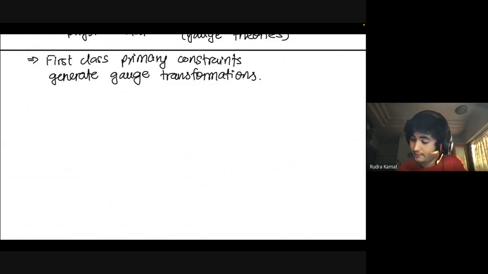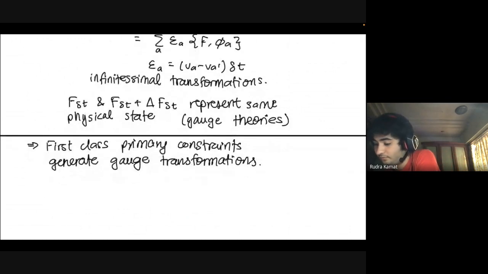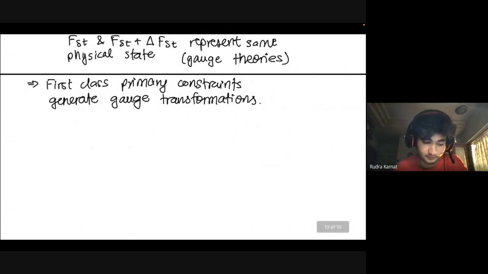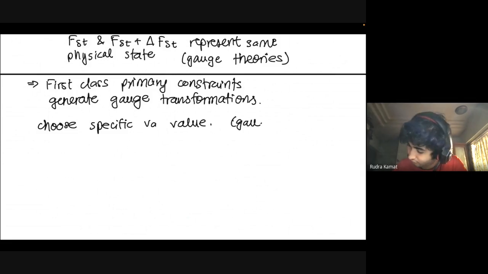But if you want to represent the same physical state by this change, this small change of epsilon a that we have here, if we want that to not affect our system, which means this thing must go to zero, which means this thing should also vanish. That means we need to choose a specific va value. That thing, if you have a gauge theory, is also obviously called gauge fixing. No two things about that.